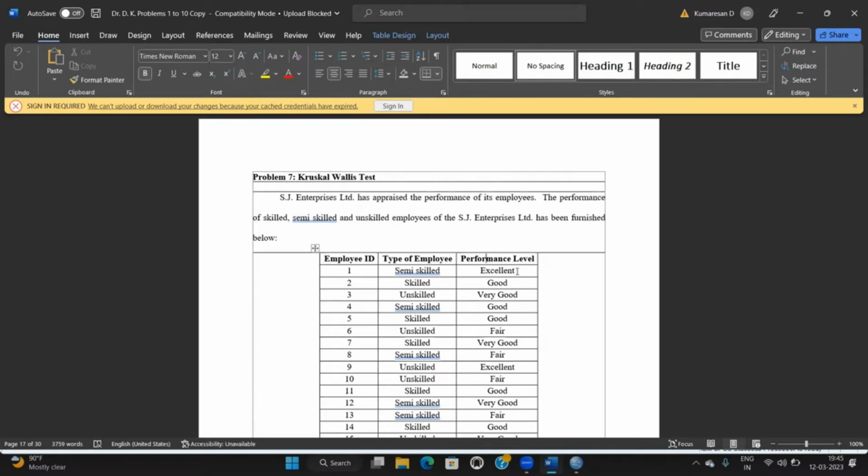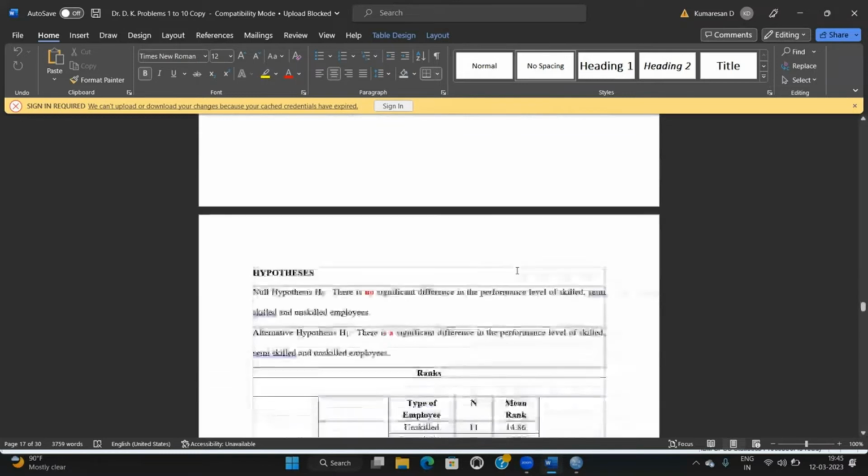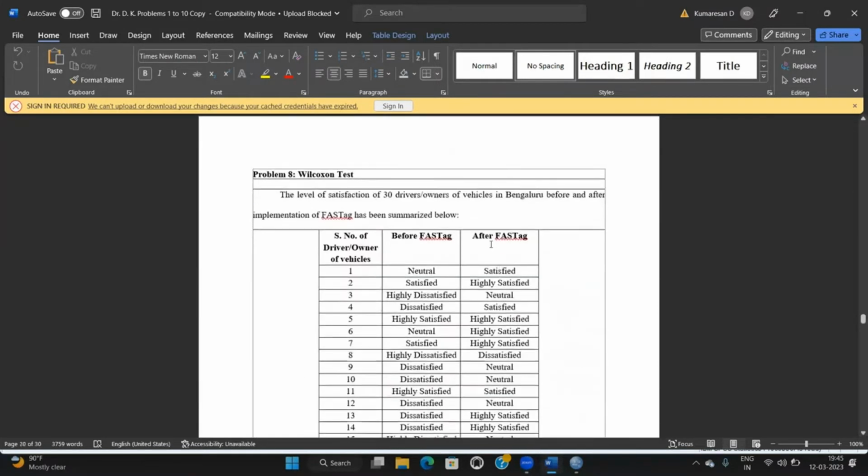So next we shall move on to the Wilcoxon test. This is the third type of test. Simply by seeing the data, you can say it is similar to the paired t-test, because before, after. So one sample is there, no differentiation, no categorization, all are considered as one sample, but the data are obtained for two different periods.